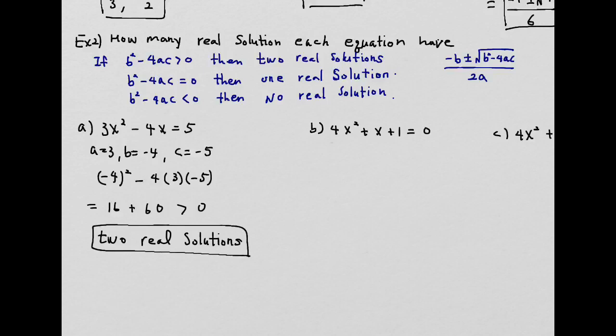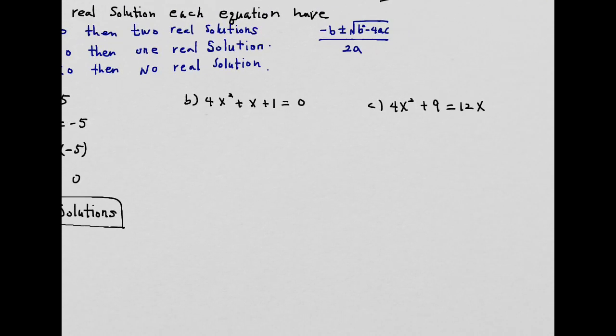On that problem. Let's try another one. a will be 4, b is 1, c is positive 1. This is already standard form equals 0. Just copy down. You don't need to move anything. Replace it into b squared minus 4ac.